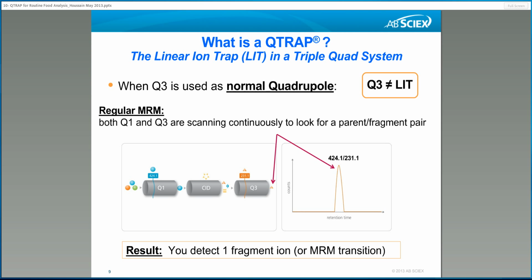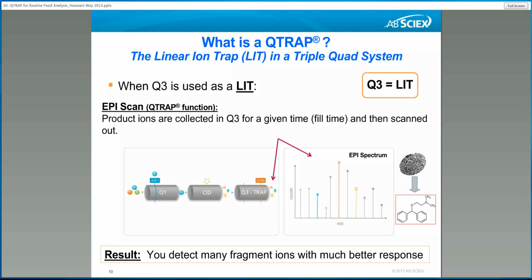Both Q1 and Q3 are continuously scanning, looking for a parent-fragment pair. The result is the detection of one MRM, or parent-daughter pair of interest, which you typically pre-select.